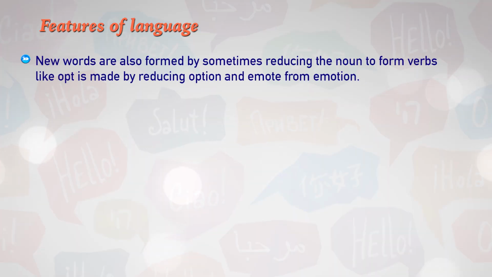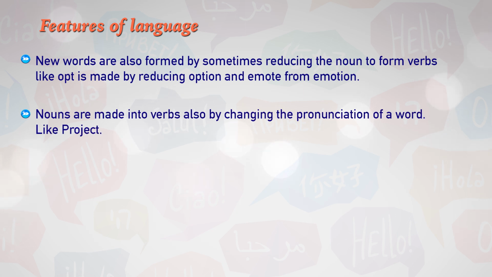New words are also formed sometimes by reducing the noun to form verbs, like opt is made by reducing the noun option, and emote is made by reducing the noun emotion. Nouns are also made into verbs by changing the pronunciation of a word. For instance, the word project.